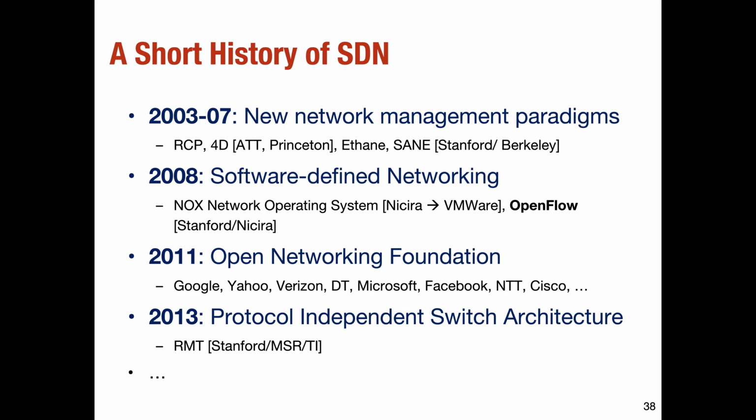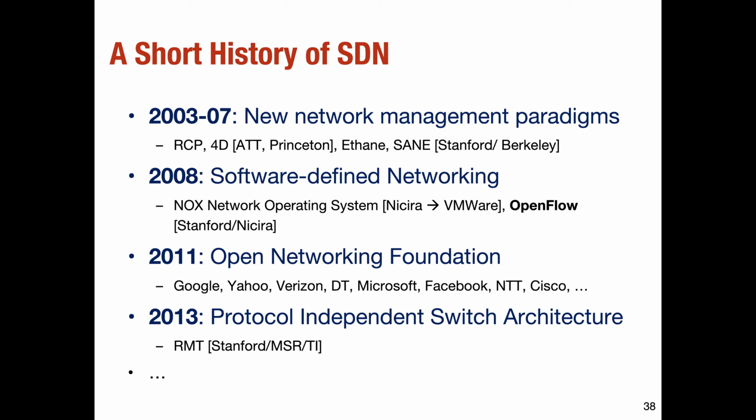So one work which was very dominant that came out in this phase was RCP, remote control protocol program. I forgot the full name of it, but RCP was a paper that came out from AT&T, and it had people who are now very famous networking researchers and professors.